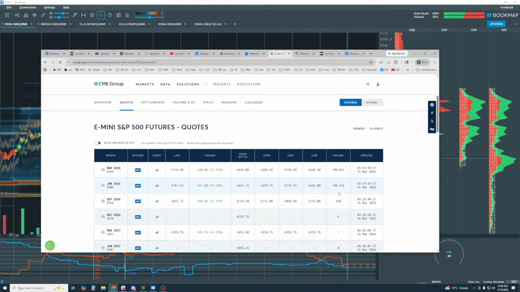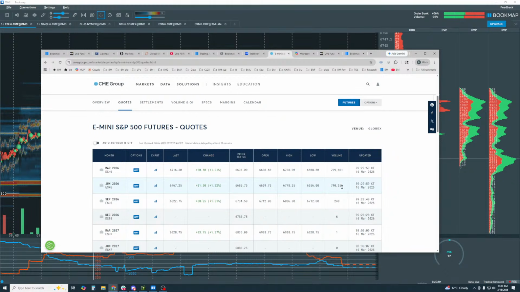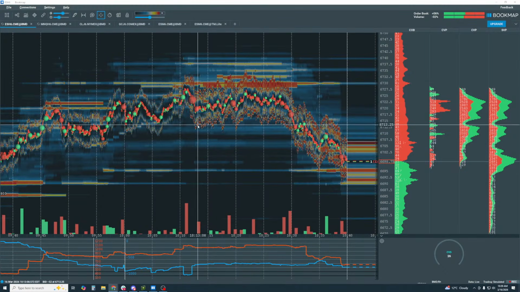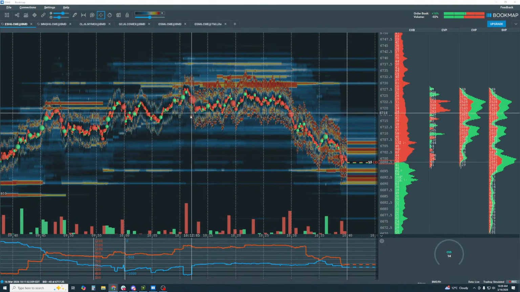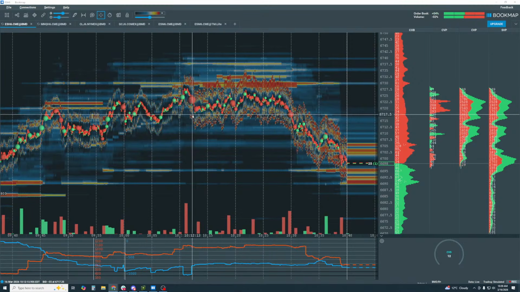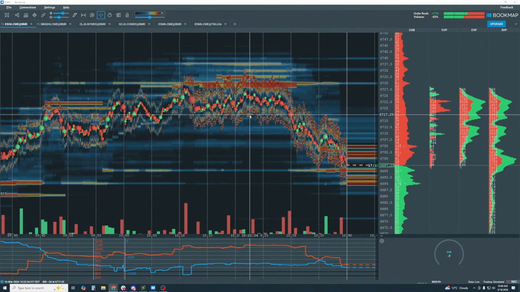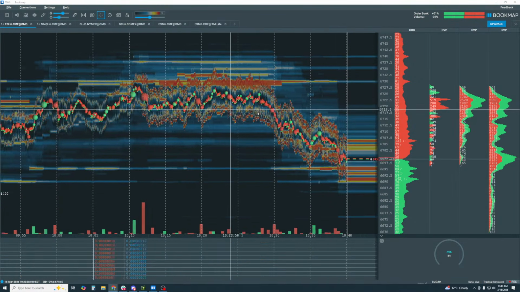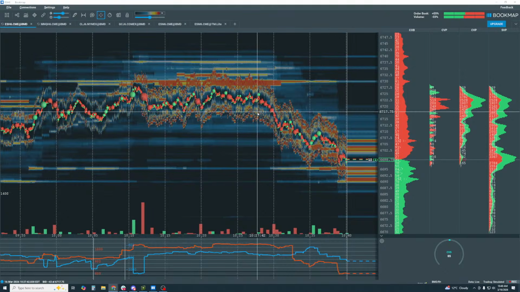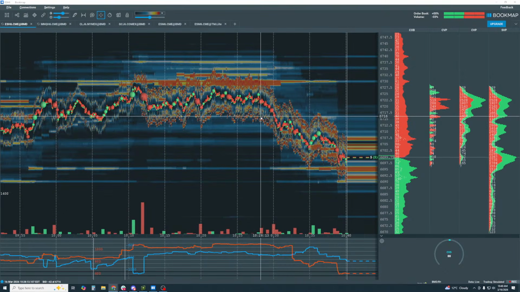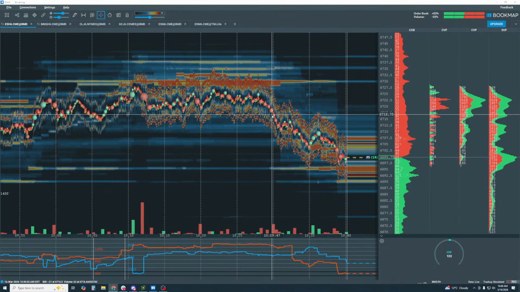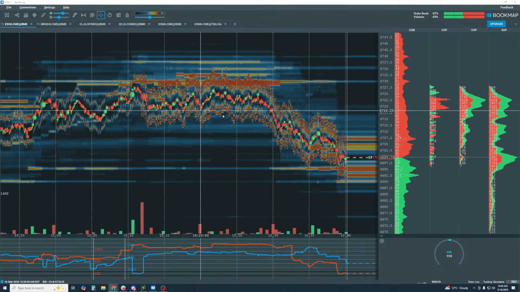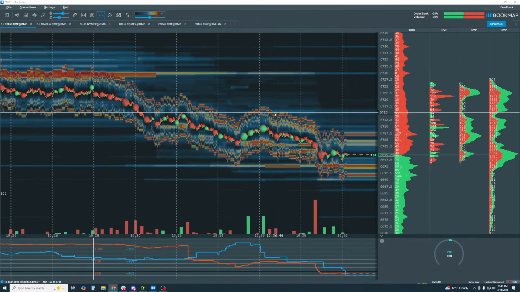So this contract is actually trading more volume right now, the June contract. It's really interesting to see. It probably happened right around in here. I would imagine you'll see the algos flip on. All right, and that's kind of indicative of it.